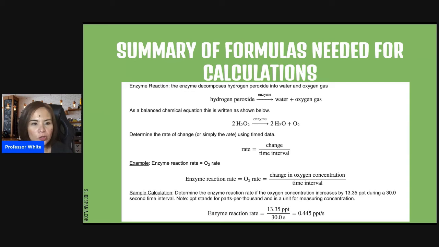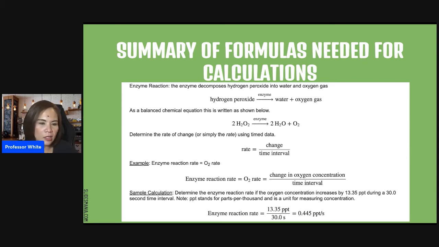So, first and foremost, you are going to calculate the reaction rate of the enzyme. In this case, you're going to divide the change in the oxygen concentration by the time interval. The time interval is always 20 seconds. So, when you divide the parts per thousand of the oxygen concentration change by 20 seconds, you get the reaction rate.